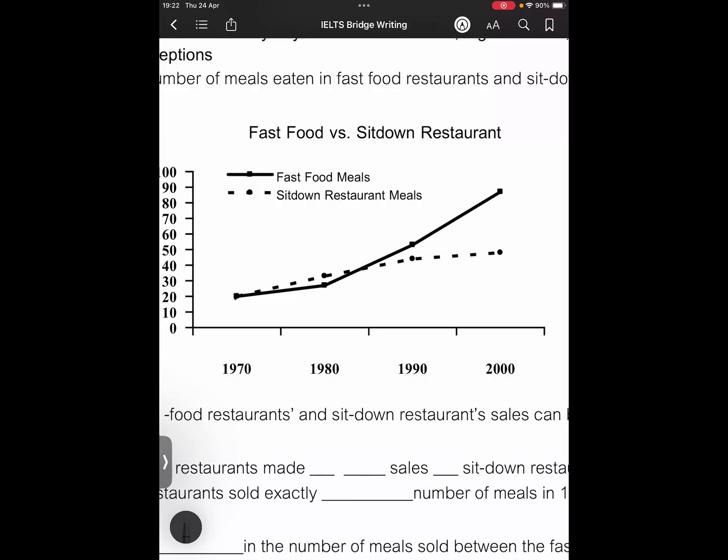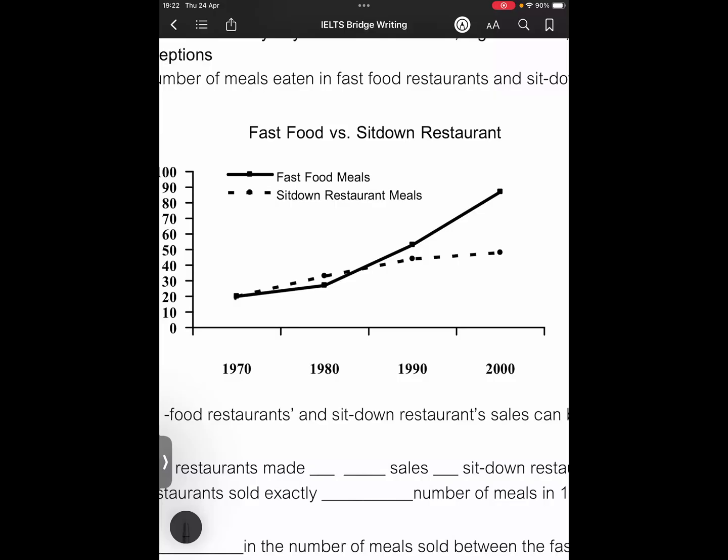If you look at the rate of change, you will see that during the first 10 years, the two restaurants had very similar growth, but the sit-down restaurant seems to have a greater slope, which means it was increasing more rapidly than the fast food restaurant.